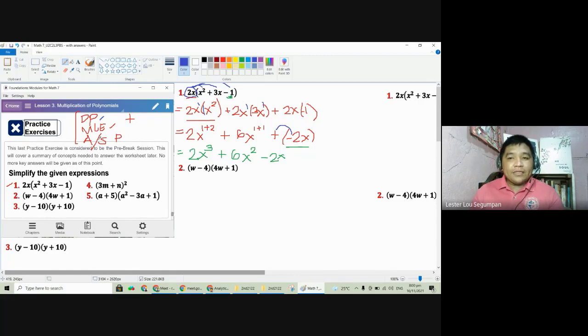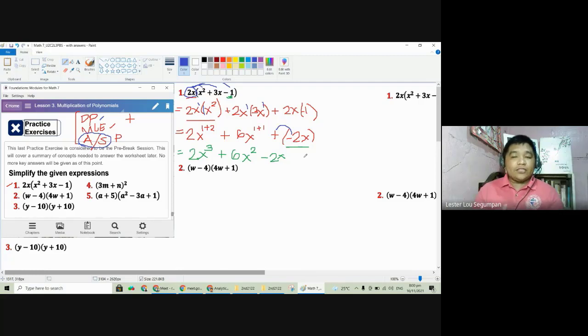The last step in multiplying polynomials is to see whether there are terms that could be added or subtracted. Now, here comes the thing. Some of us might think that we could add all of this and probably add all the exponents as well. Do not use the addition of exponents because the addition of exponents is only possible if you are multiplying terms of the same base.